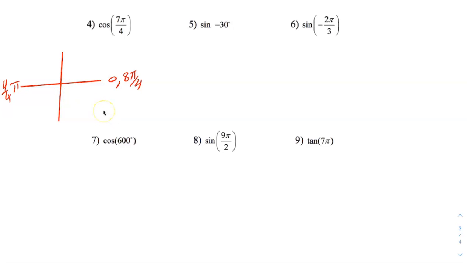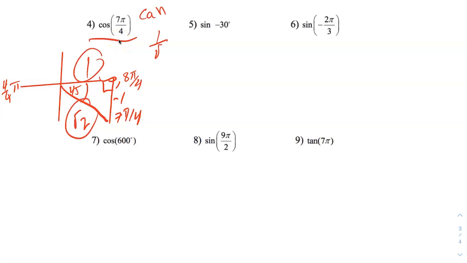So right there, quadrant 4. Go up to the x-axis. My angle here would be 45 degrees. So it's an isosceles triangle, 1, 1, rad 2. What's negative? The thing we went down on. And then cosine is adjacent over hypotenuse. So there's the answer there.